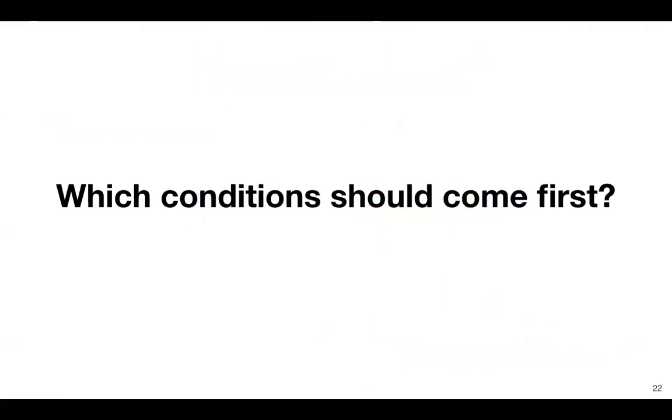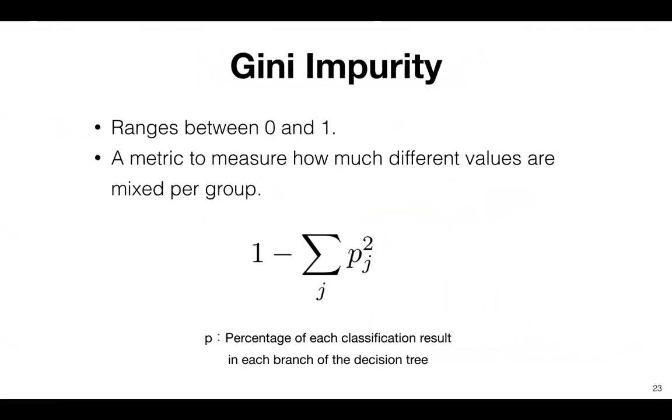So which condition should we ask first? That's where something called Gini impurity comes in. Think of it as a score to measure how much different values are mixed in each group.